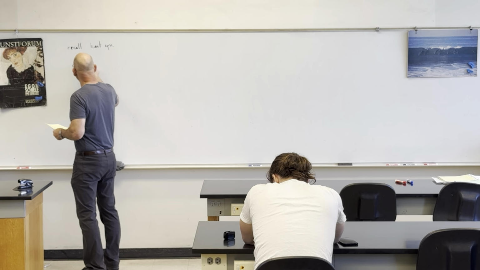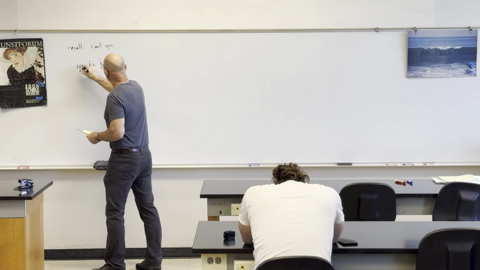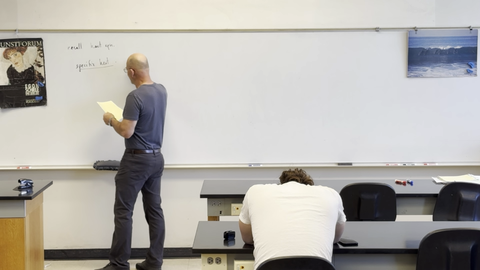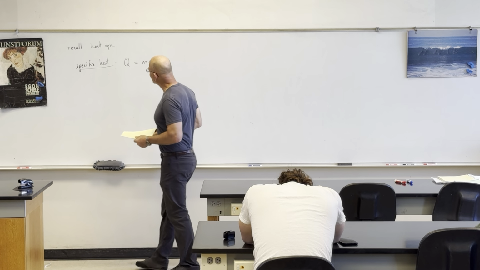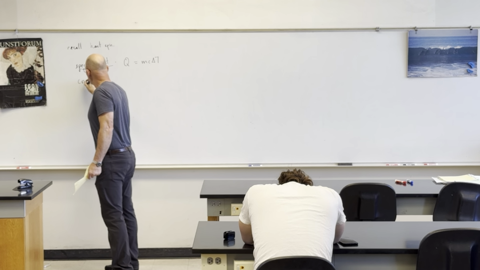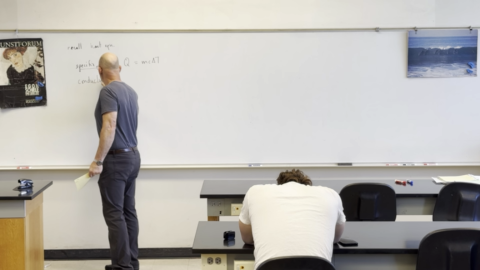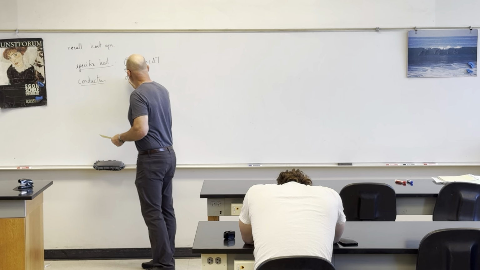Specific heat. This is in your notes, actually. I just want to make sure, so we started with this. We had Q = m c delta T. We're making contact with physics 4B, and then the equation of heat conduction was dQ/dt.